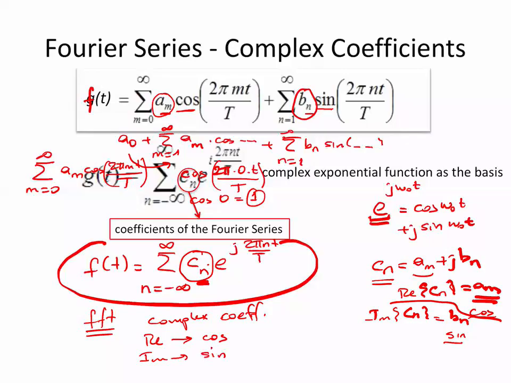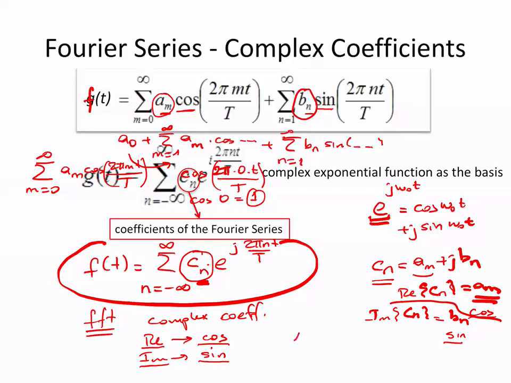How much my signal is similar to cosine will be reflected in the real part of my coefficient. How much my signal is similar to the sine wave will be represented in the imaginary part of my coefficient.